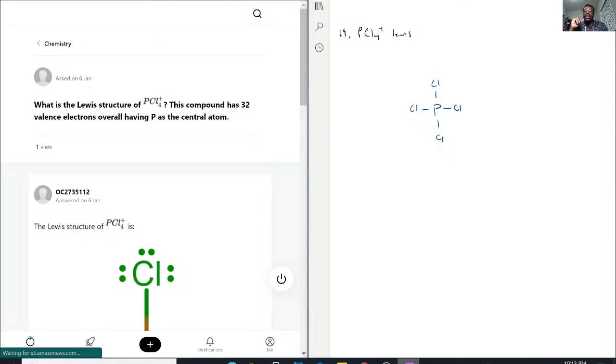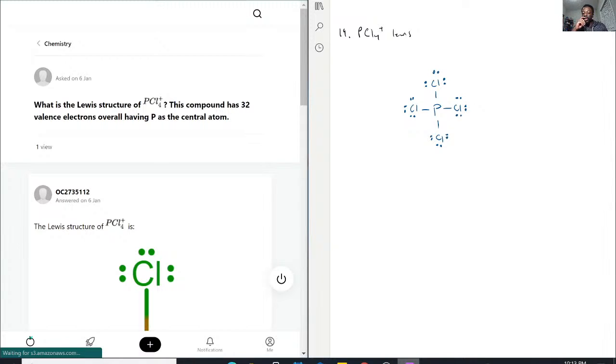So chlorine right now, each chlorine is sharing 1 of its 7. So it's going to be 2, 3, 4, 5, 6, 7 on each one.